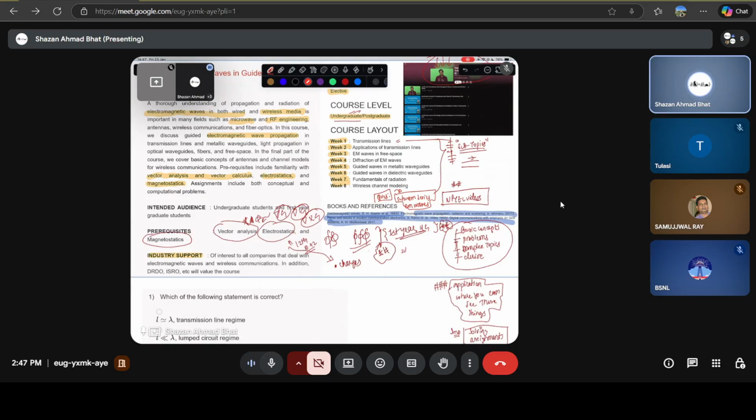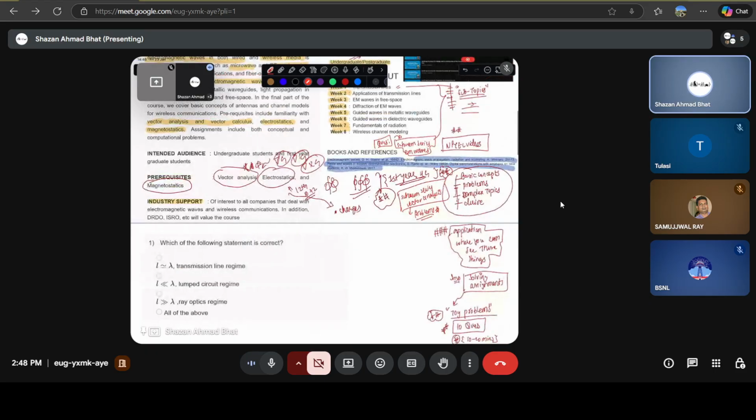There is also one more Schaum series, vector analysis. It contains very good problems, and these problems are essential to develop problem solving skills in you.